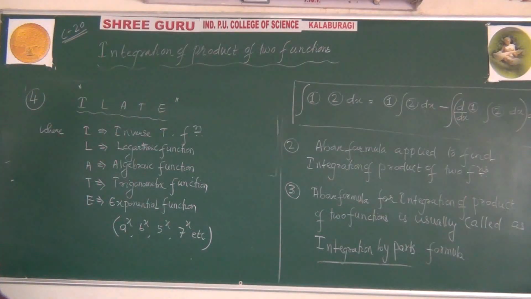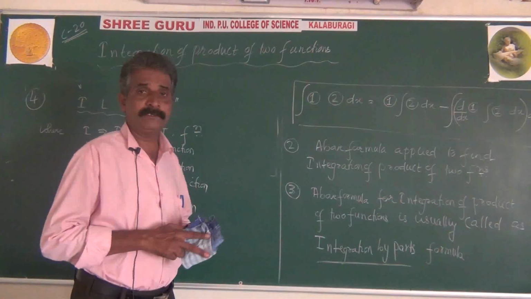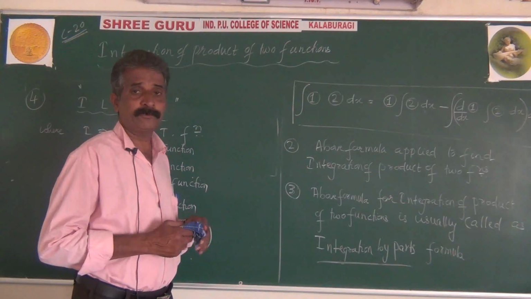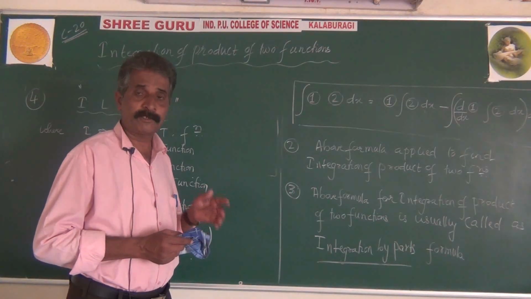Let's have problems based on integration by parts. Type 1, direct formulas. Type 2, trigonometrical formulas used. Type 3, substitution method. Type 4, dx by ax square plus bx plus c with root, without root.